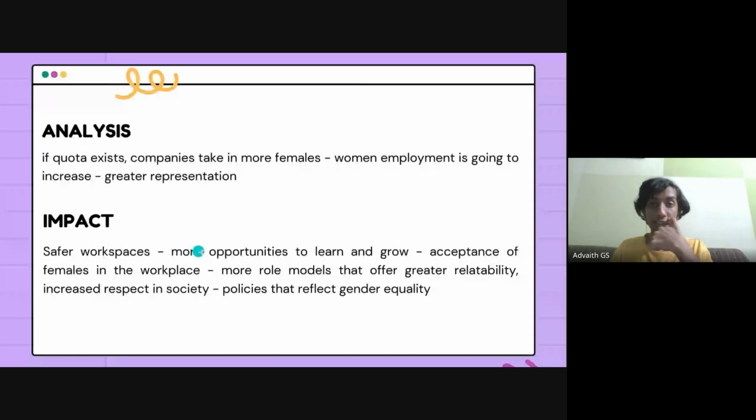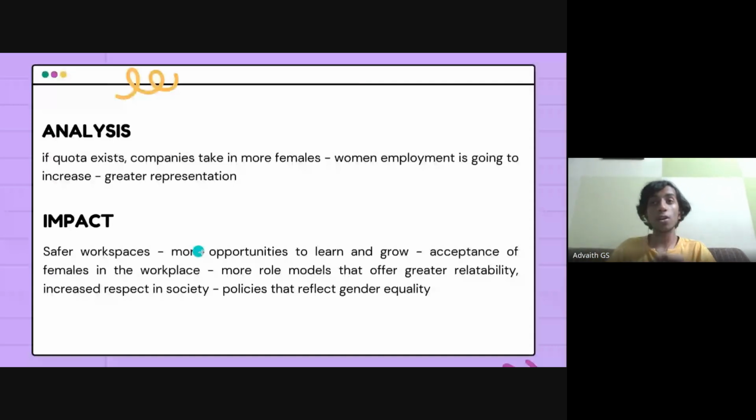All right. Now that there are more positions available for women, there are more opportunities to learn and grow. Like we've got higher positions wherein we are looking for women to join, right? So there are more opportunities for them to learn and grow. Acceptance of females in the workplace. Also, we've tackled the first part. The second part was about role models.